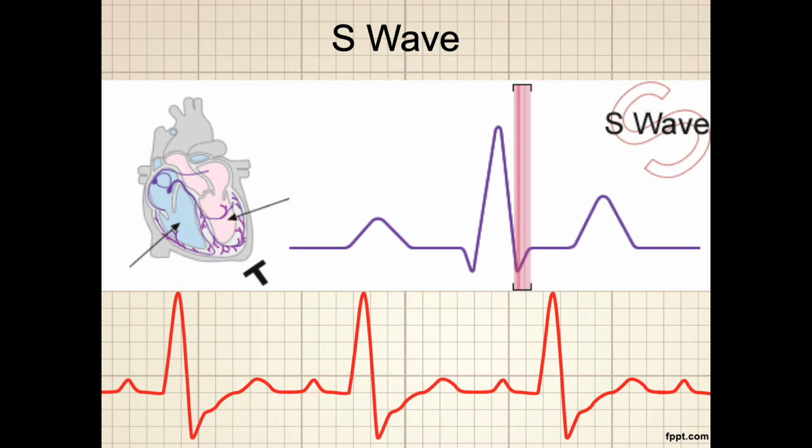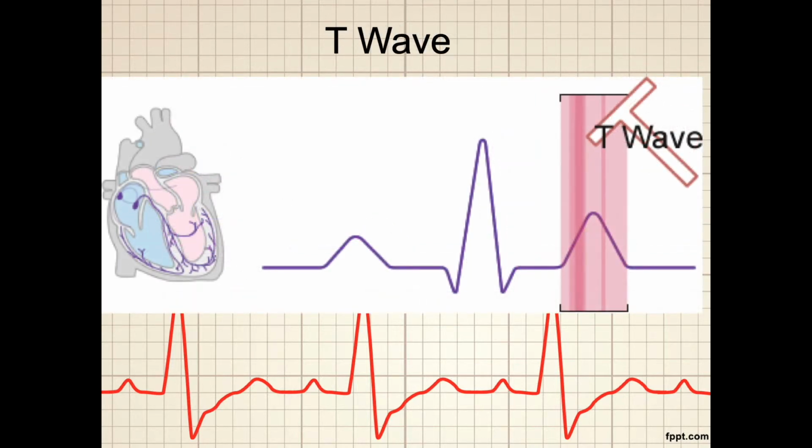This is also an area that may change for a person who has coronary artery disease and conditions such as myocardial ischemia or myocardial infarction. The end of the ST segment is where the T wave begins, and that represents ventricular repolarization.